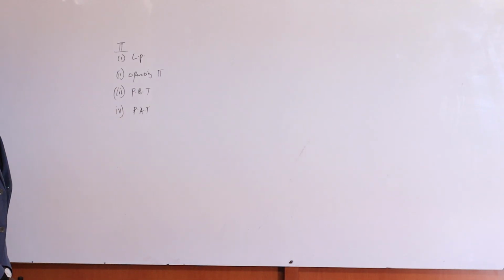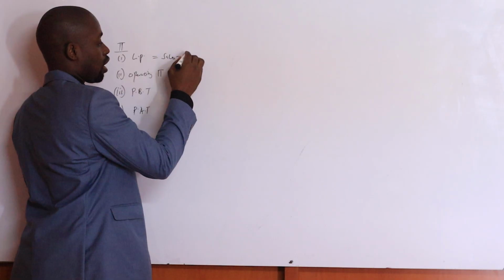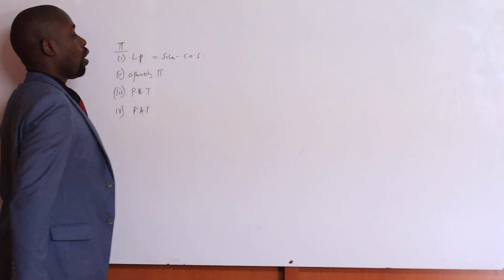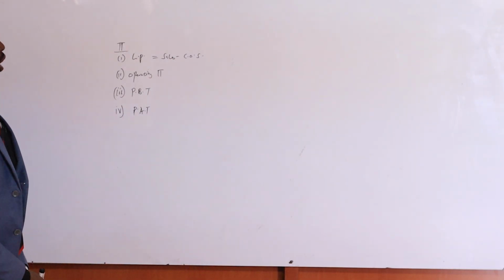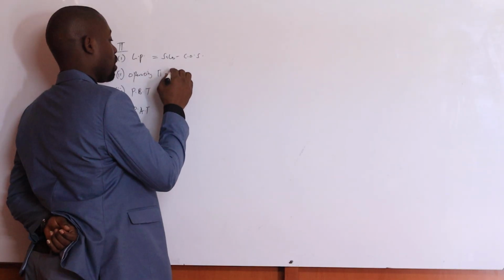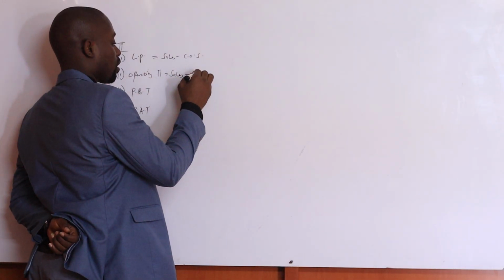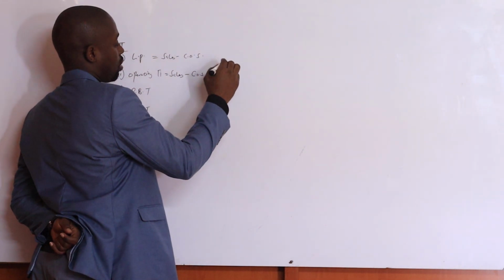What is gross profit? Gross profit refers to sales minus cost of sales. When you take the sales value, deduct cost of sales, you get what you call gross profit. What about operating profit? Operating profit is sales less cost of sales less operating expenses.